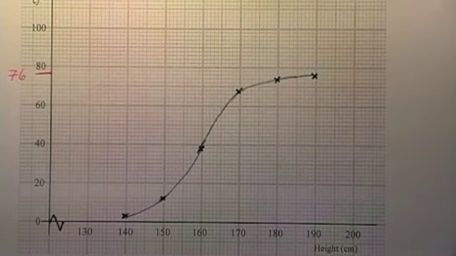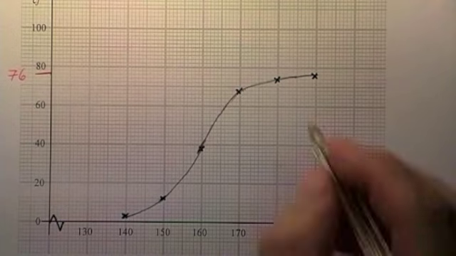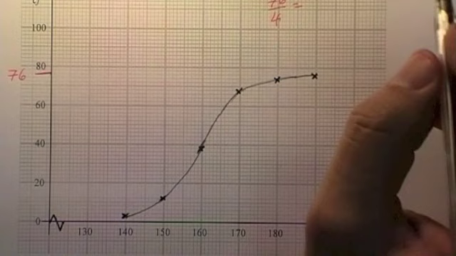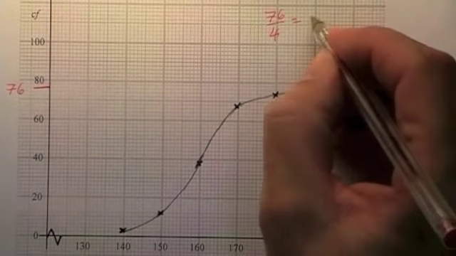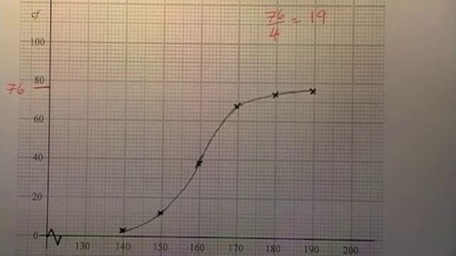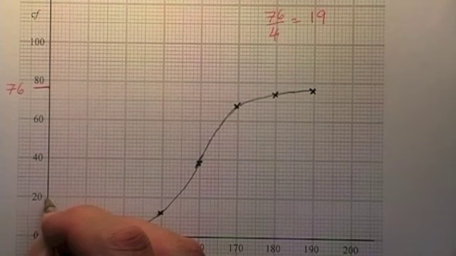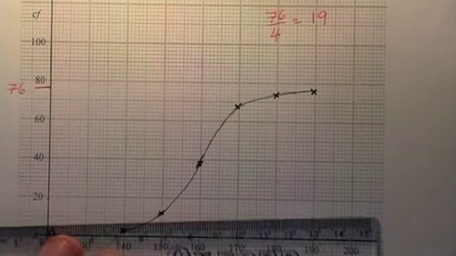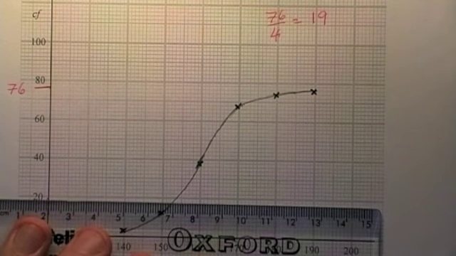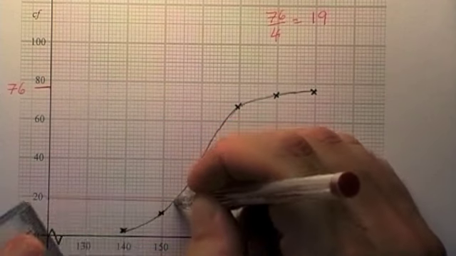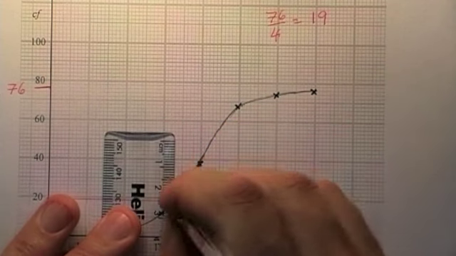Now if I do 76 divided by 4, that comes to 19. So every 19 is going to be a quarter, so I'm going to label them up the axes. So 19 is here. I get my ruler and I draw a horizontal line from 19, take it to the curve, and then I go down to see what the actual value is.